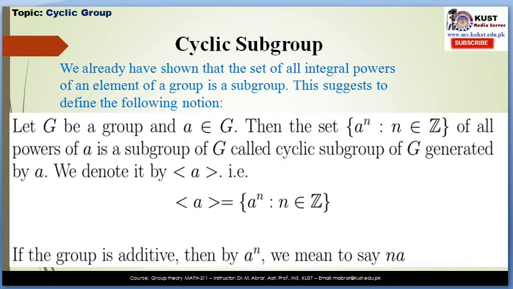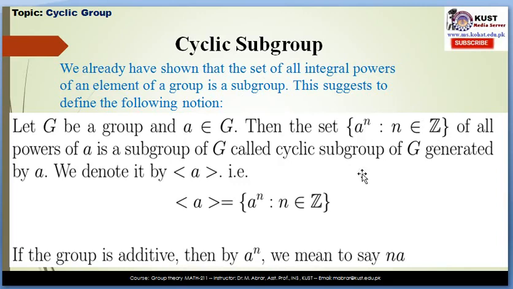Because we already know that if we take all the integer powers of an element of a group, it becomes a subgroup. So actually it's a very special subgroup that gives an idea to define a cyclic group. So what's that? We take an element from a group G, and then we take all the powers of that element.